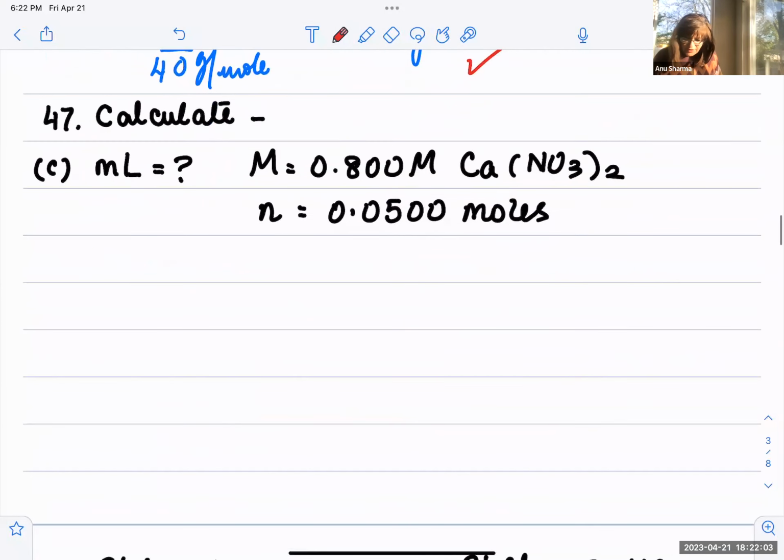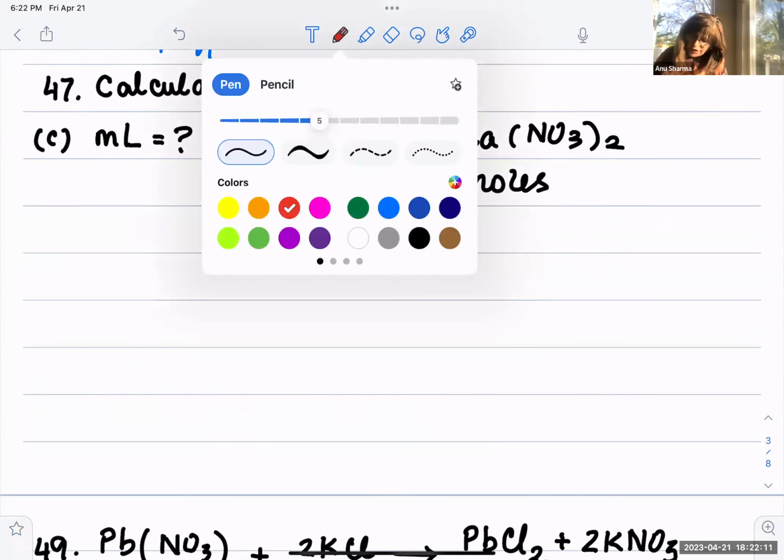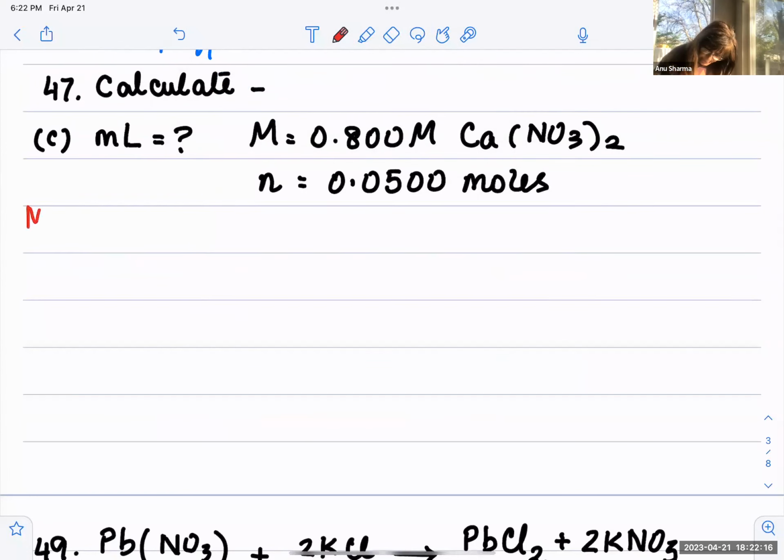Next is 47. I'm doing part C, 47C, for calcium nitrate. Now here we need to calculate the volume. So same thing, write down the formula. Molarity is equal to moles of the solute per liter of the solution.